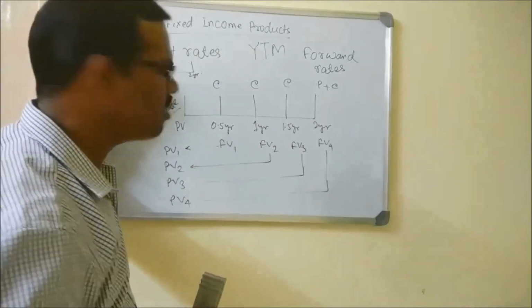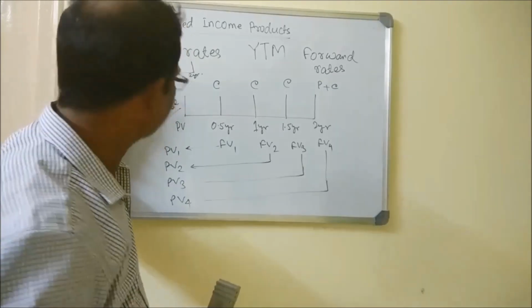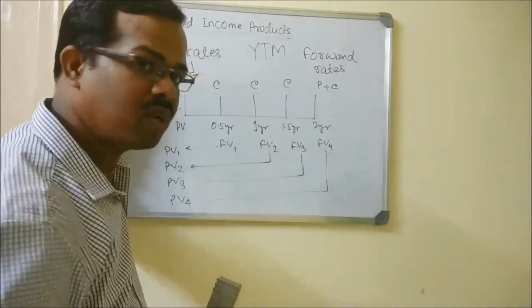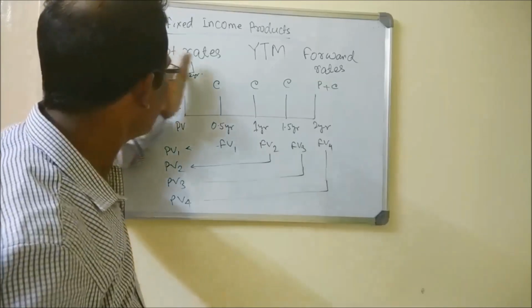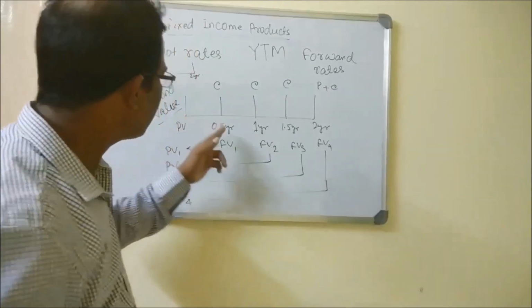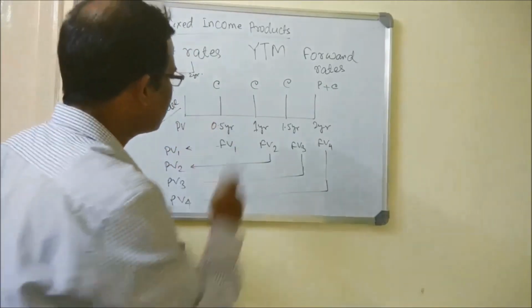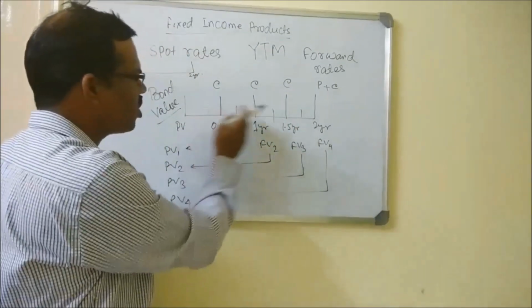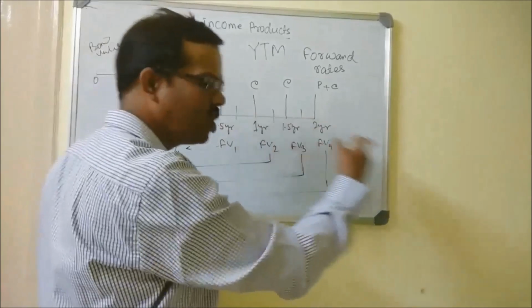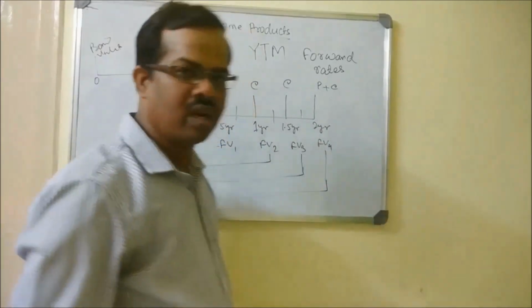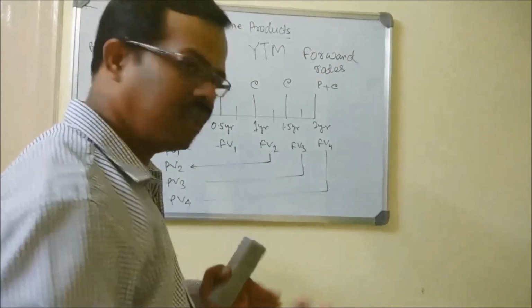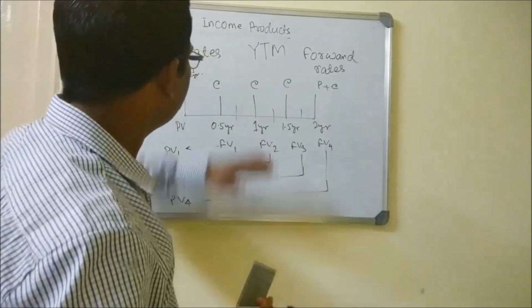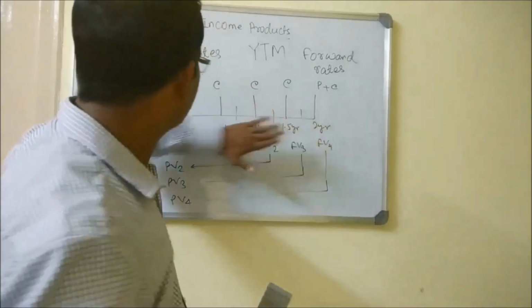In this case, if the bond seller defaults on its payment, the entire amount becomes defaulted. In case he defaults somewhere here or here, at least you have got some amount of cash. So only the remaining portion is your default risk. That is why the risk is less over here.